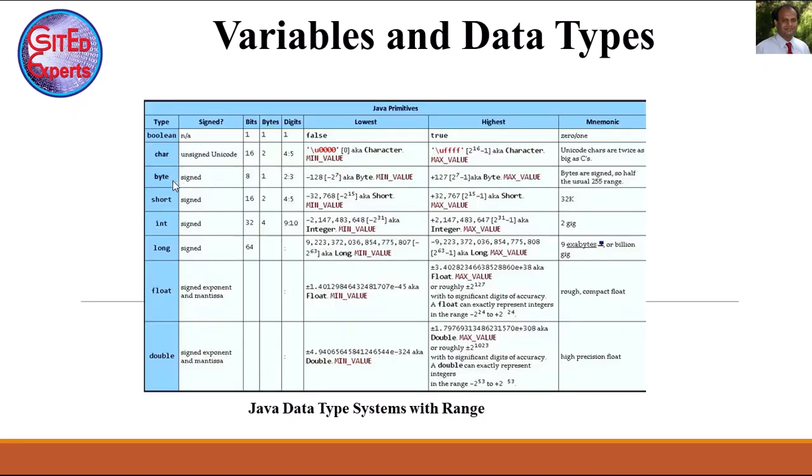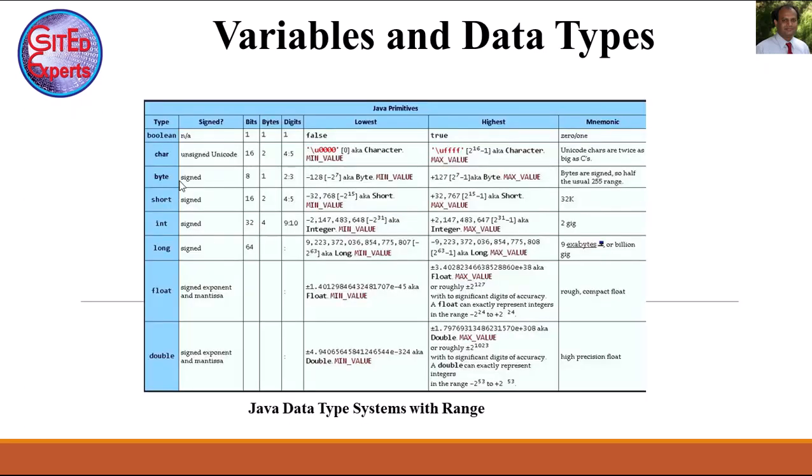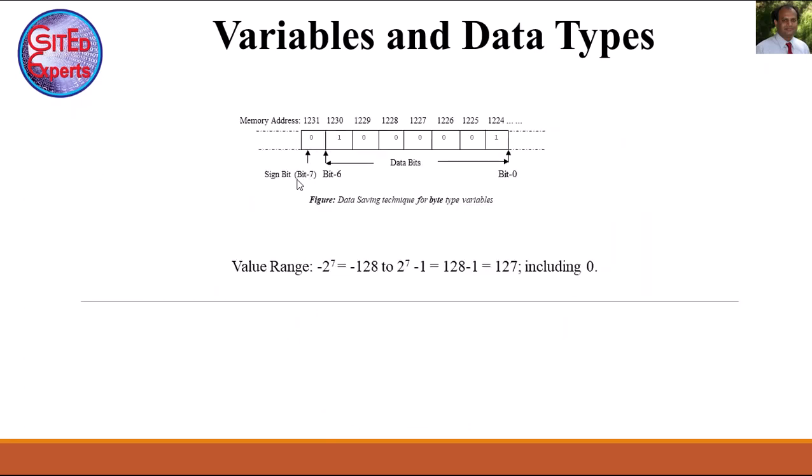So as you saw here, except character, the byte, short, integer, and long are signed data types. That means for these 4 data types, there will be a sign bit for containing the sign of the data.